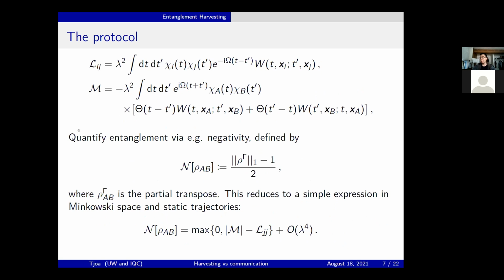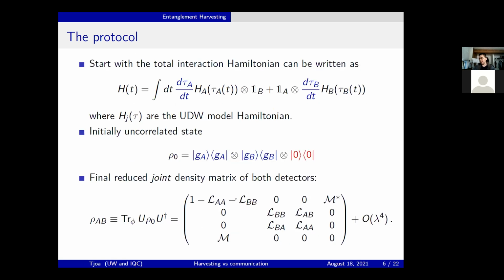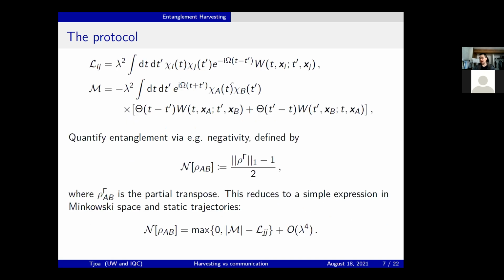And then for completeness, this is one of the rare cases where I will show you the formula. Essentially, you have L_AA and L_BB, which are the transition probabilities of the detector from the ground state to the excited state. And L_AB, L_BA and M are the non-local matrix elements.